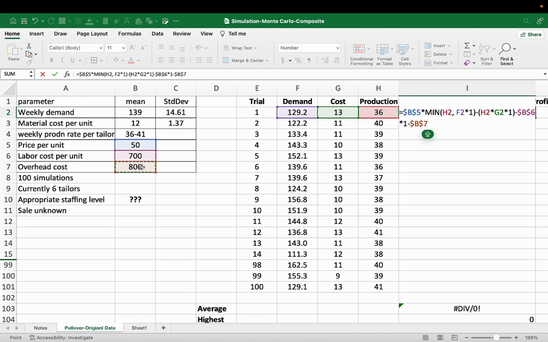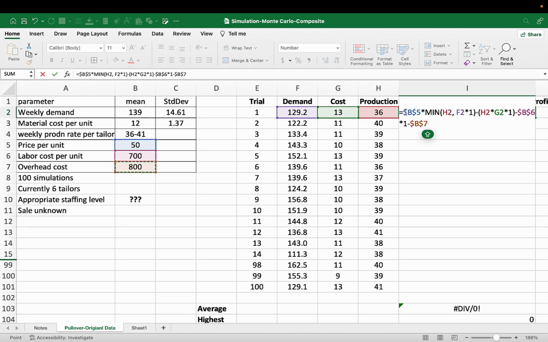Actually, it's very important here to determine which variable, which number, should be locked and which should not be locked. You can see that all these numbers which are supposed to be constant, which are not going to change, will be locked, but the other things will not be. So this is our formula for profit.